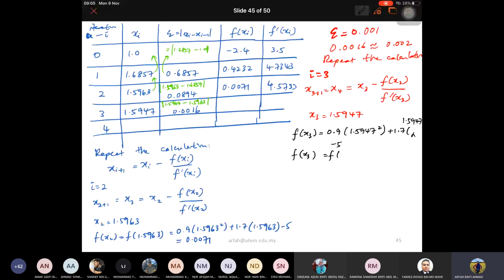Okay. So here you get it is 0.002. And calculating f prime X3 sama dengan f prime 1.5947 sama dengan 1.8 darab 1.5947 tambah 1.7. So apa jawapan yang awak dapat for this one?